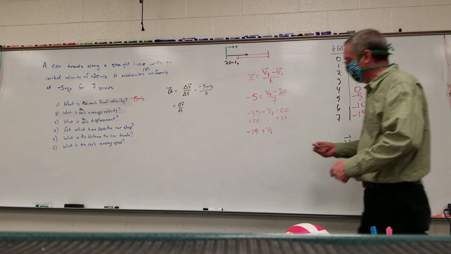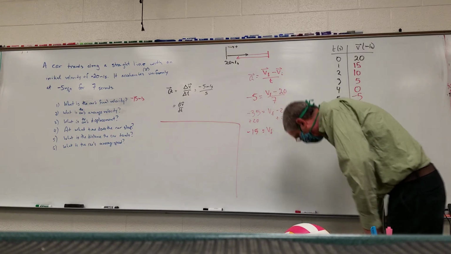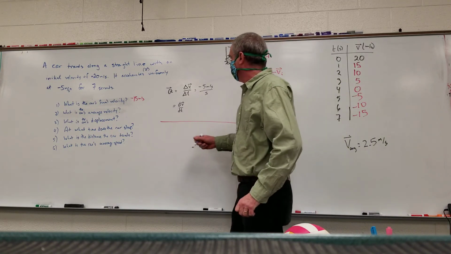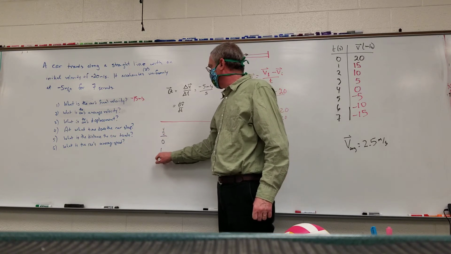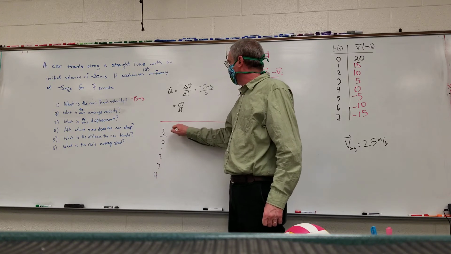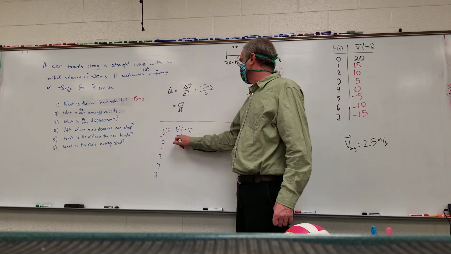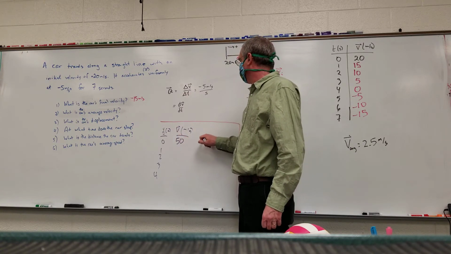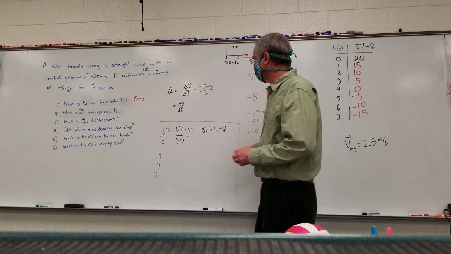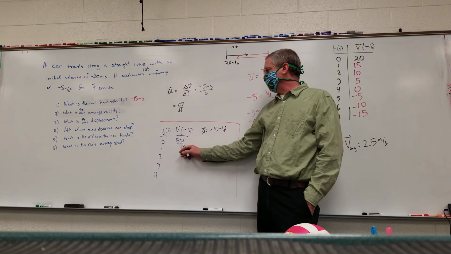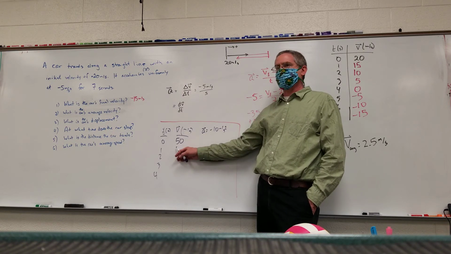Let's just do a sidebar then. So let's say I have time 0, 1, 2, 3, we'll just go 4 seconds. A velocity in meters per second, time is in seconds. And we'll start this out at 50, and acceleration is -10 meters per second squared. So if my initial velocity is 50 meters per second and my acceleration is -10 meters per second squared, what's my velocity after 1 second?